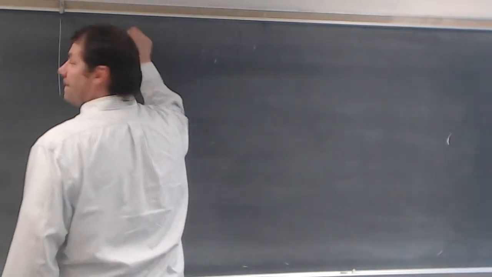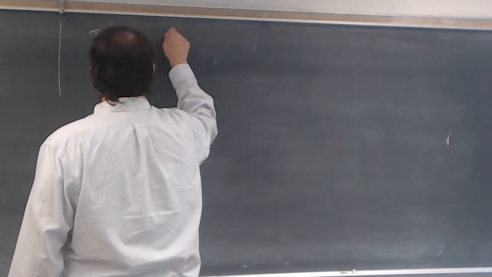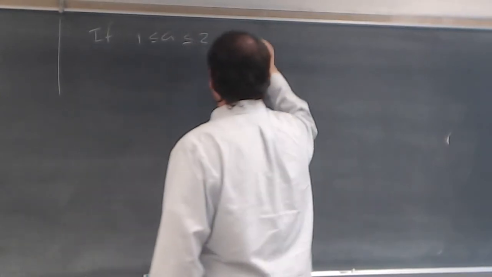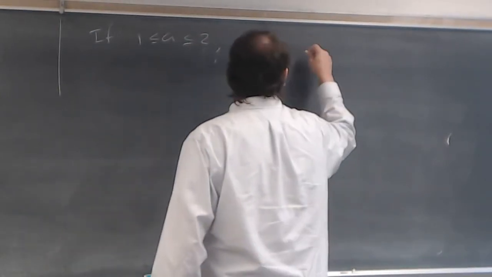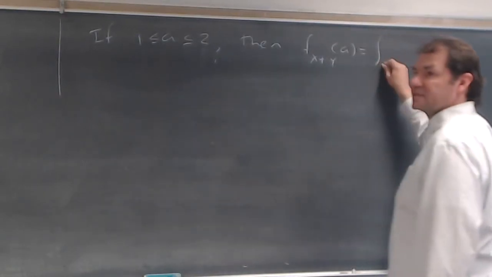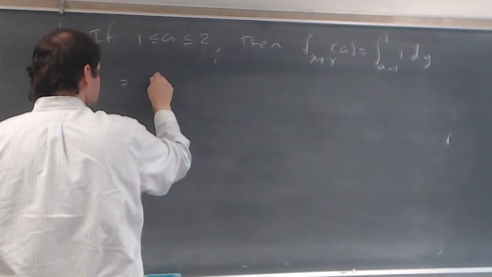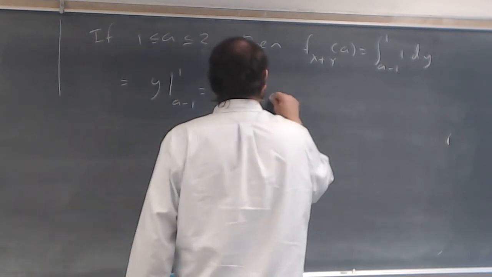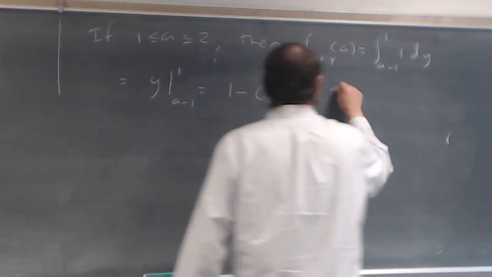So if a is between 1 and 2, then, as I said, it's going to be the integral. The smallest y values are a minus 1, and the biggest y values are 1, of 1 dy. So this ends up being y evaluated from a minus 1 to 1. That's equal to 1 minus the quantity a minus 1. That equals 2 minus a.